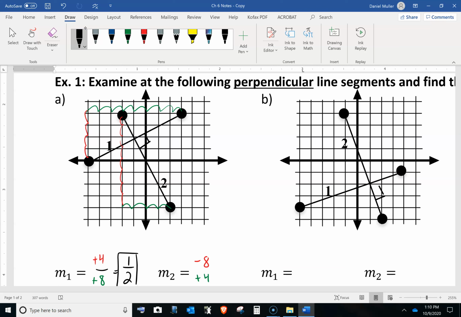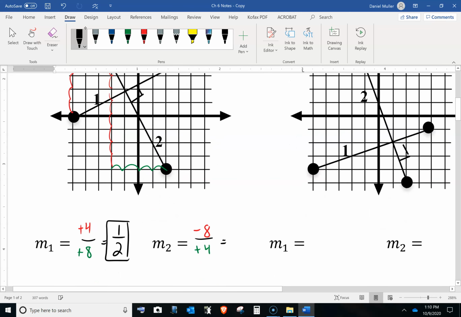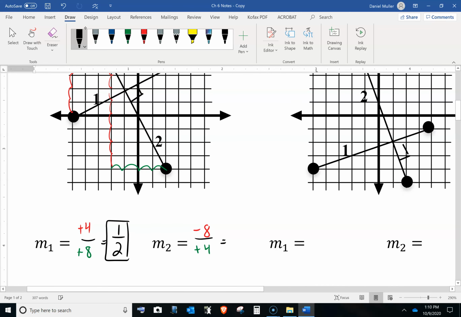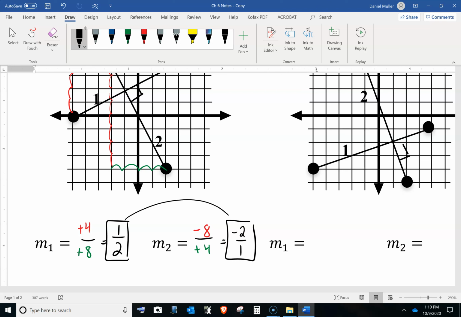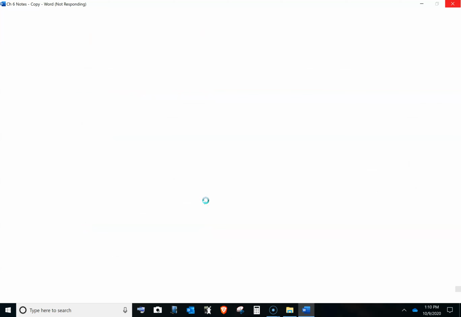So 8 and 4, those are the numbers I had before, but this time when I reduce it, those both can be divided, so negative 2 and 1. Okay, so what do we notice between these two slopes? Well, the fractions are flipped upside down from each other, and one of them's positive and one of them's negative. Let's take a look and see if that pattern exists for the next one.